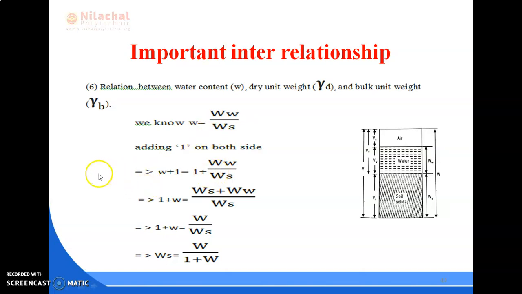Now 1 plus W equal to 1 plus Ww by Ws, which implies 1 plus W equal to (Ws plus Ww) by Ws, which implies 1 plus W equal to Ws plus Ww, equal to total W, divided by Ws. We cross multiply it: Ws equal to W by (1 plus W).